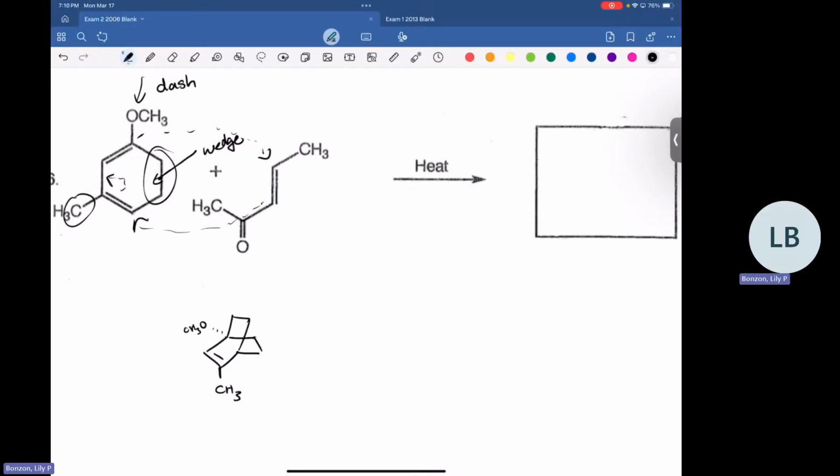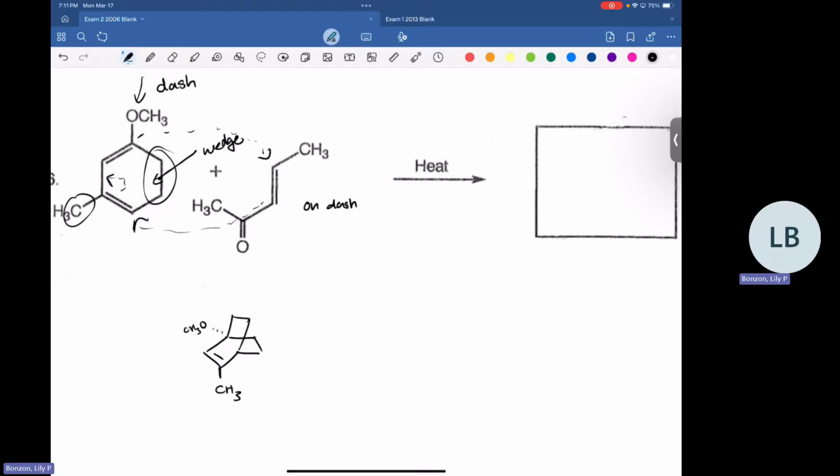And then for the dienophile, ideally, we want our groups to be on the dash. However, sorry, on the wedge. Yeah, on the dash, sorry. However, the two groups are not trans, but trans-ish to each other.